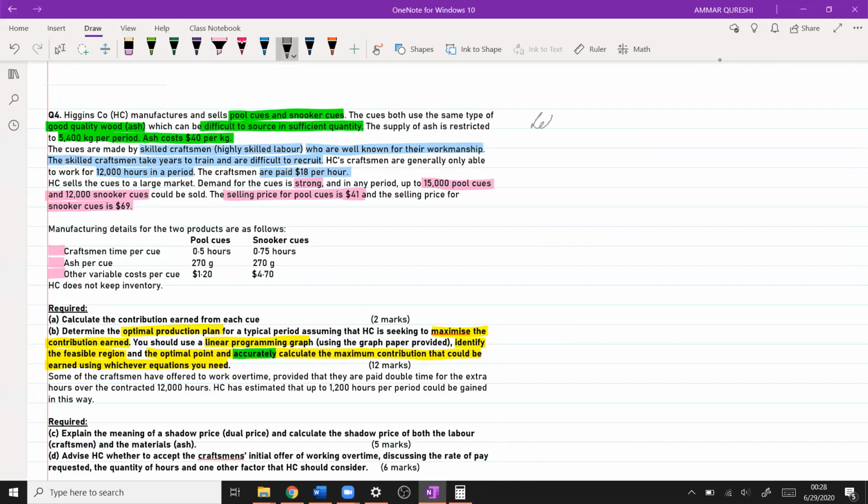First of all, we have to assume that X and Y are the sales volume of pool cues and snooker cues.